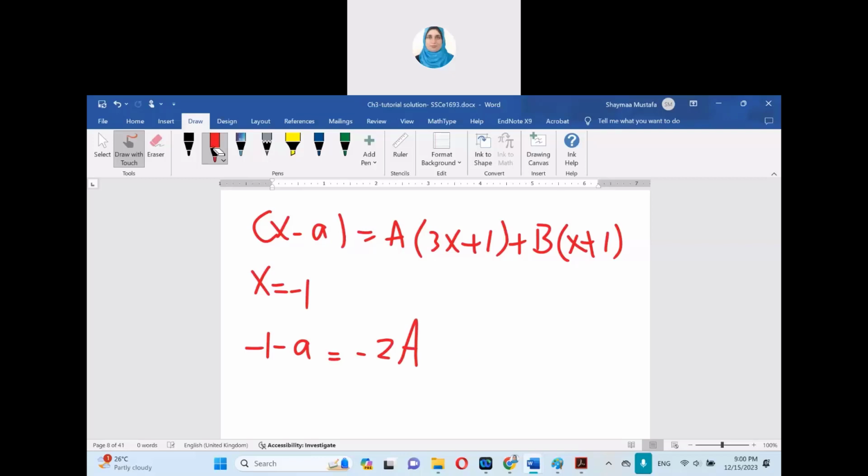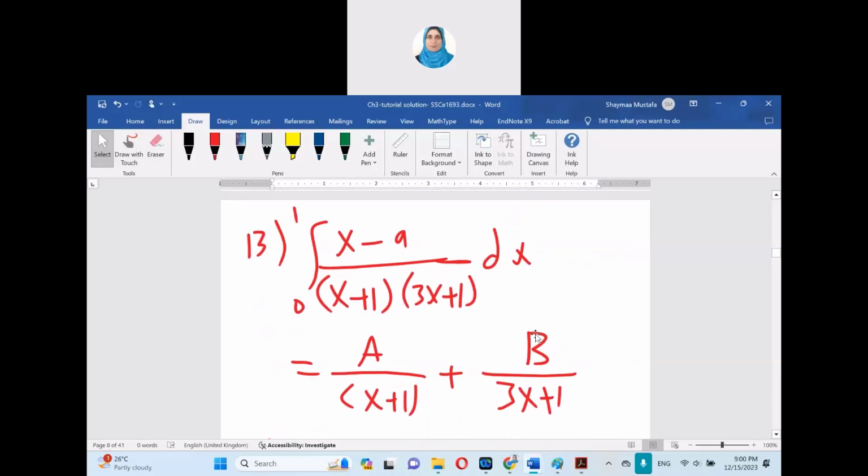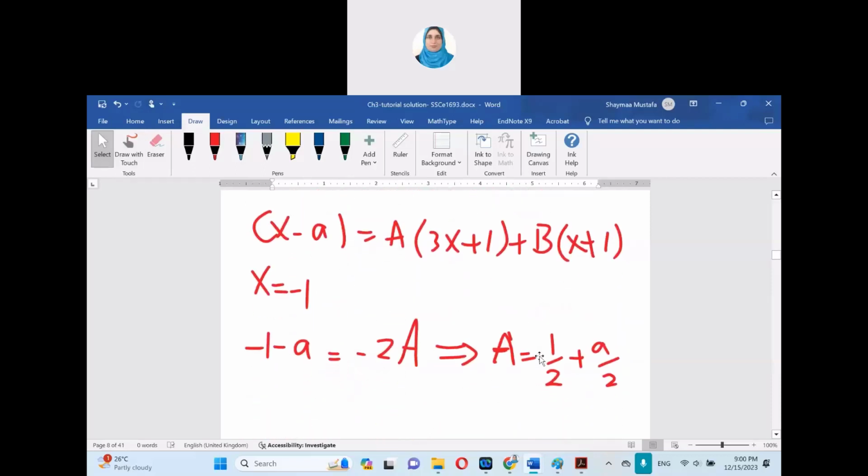And the second term is cancelled, so A is equal to 1 over 2 plus a over 2. Same for B. B will be a constant that depends on a.